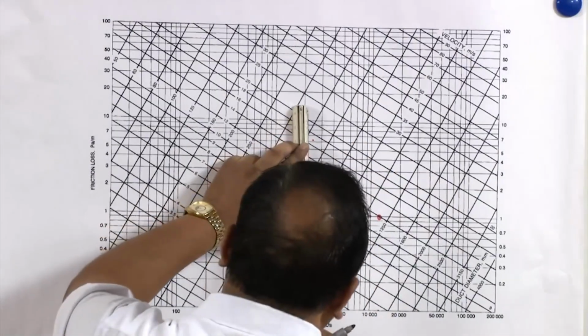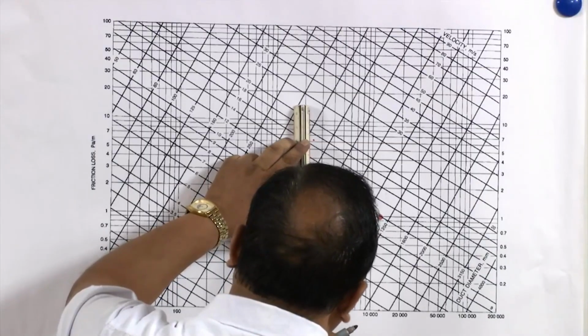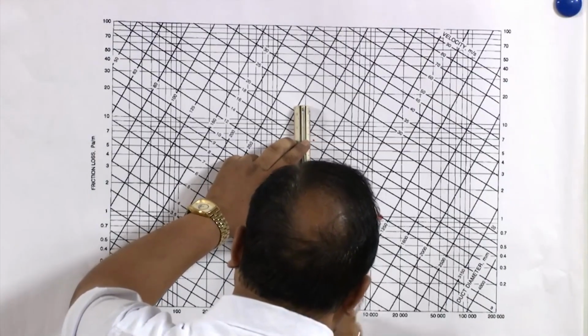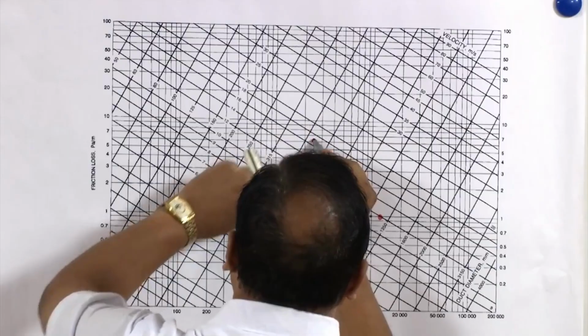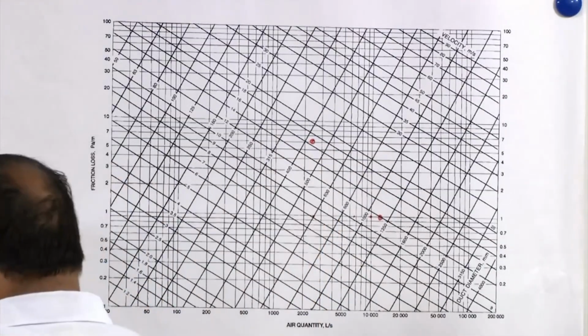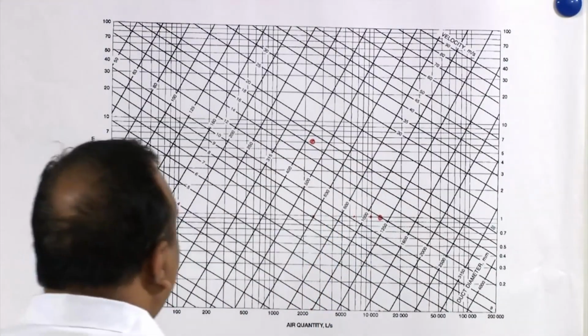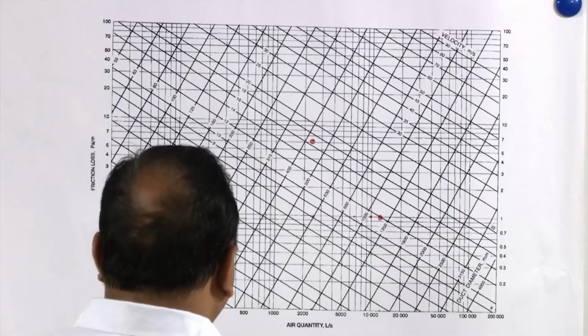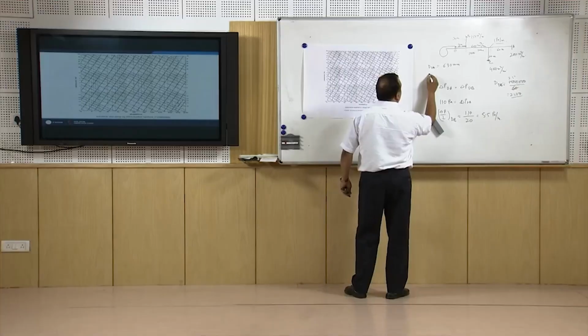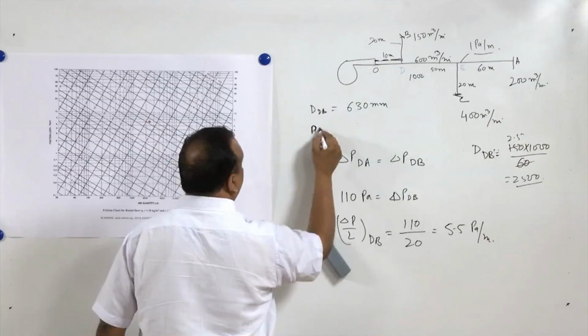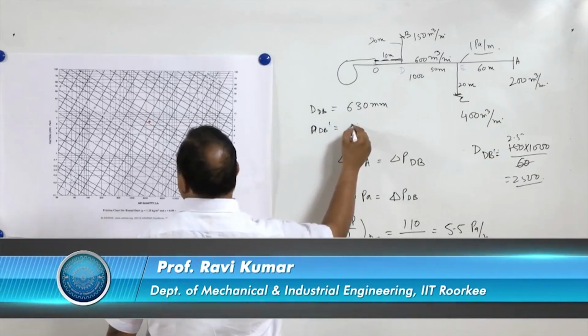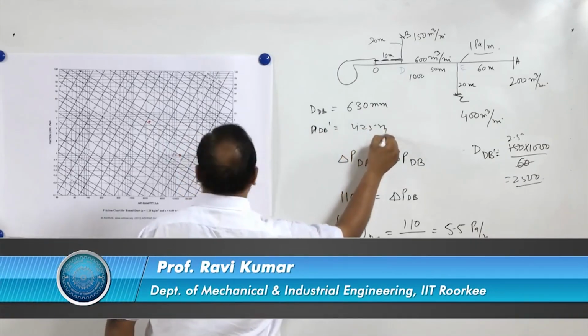On the same line, the discharge will be something like this. So here you can see the diameter of the duct has reduced to only 425 mm. The diameter of dB dash is equal to 425 mm.